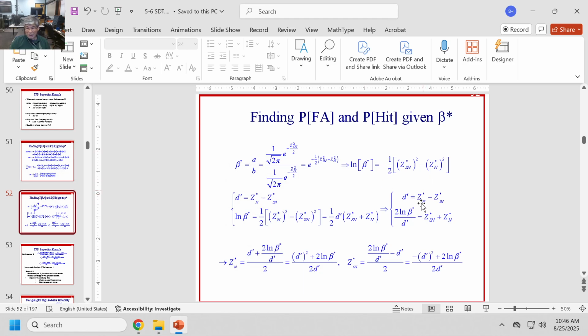So now I have two simultaneous equations, and I try to figure out where I should make my cut. Those are based on knowledge and beta, I know.